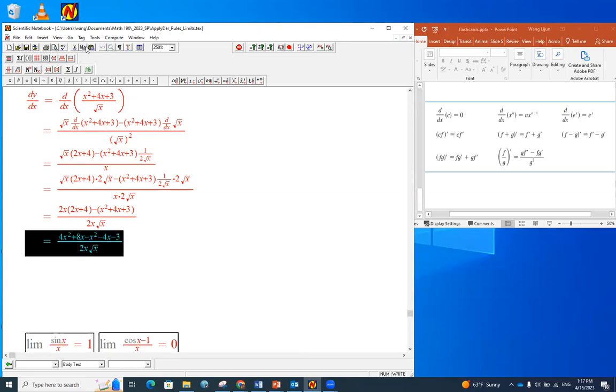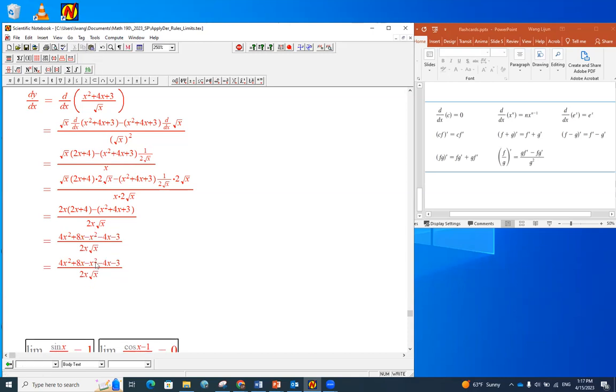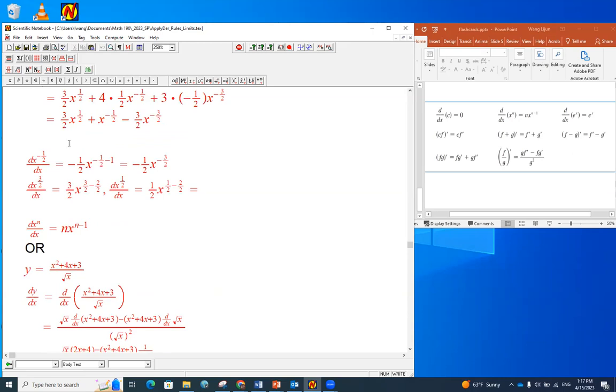And near the end, right? This is x squared subtracted from 4x squared. So we have 3x squared left. 8x minus 4x, that's going to be 4x. Well, this looks very different from what we got earlier.